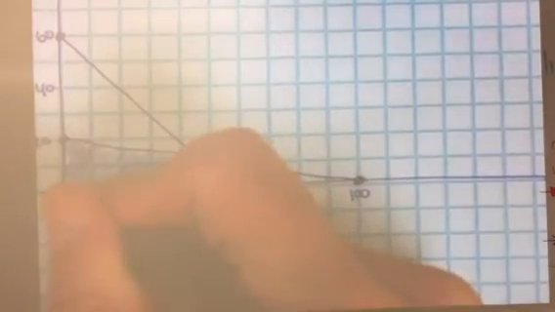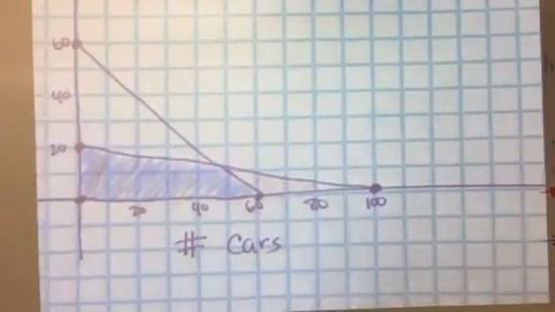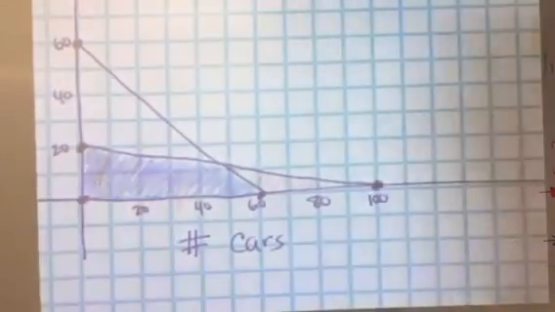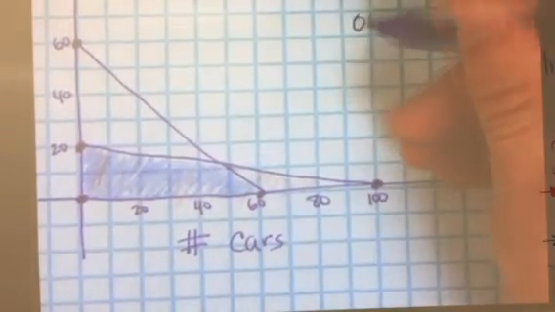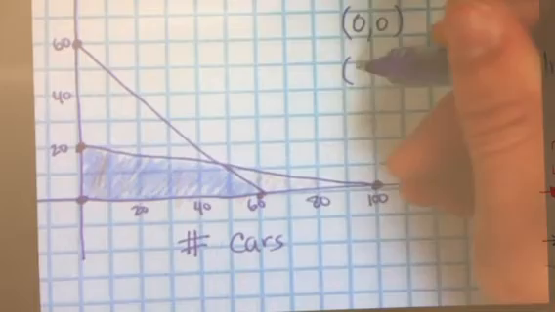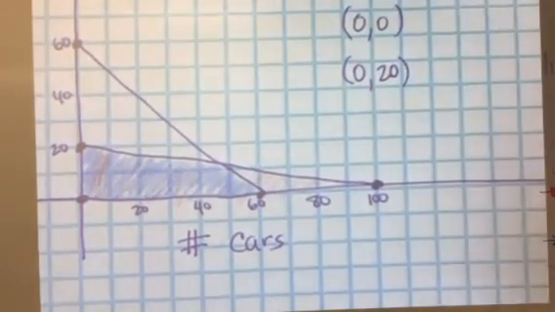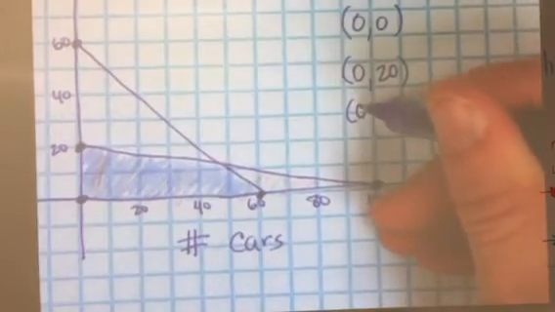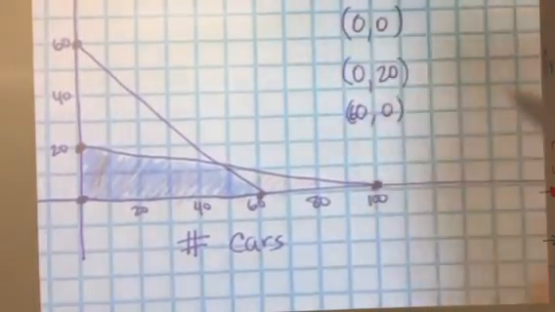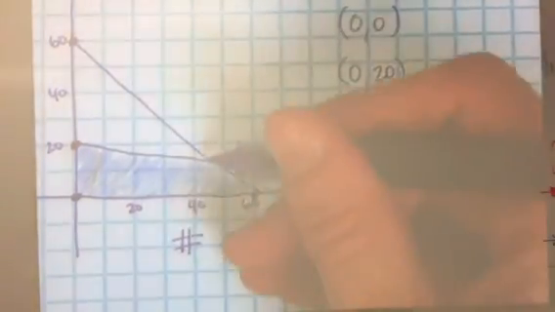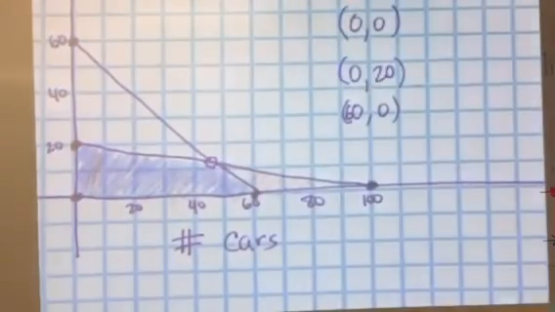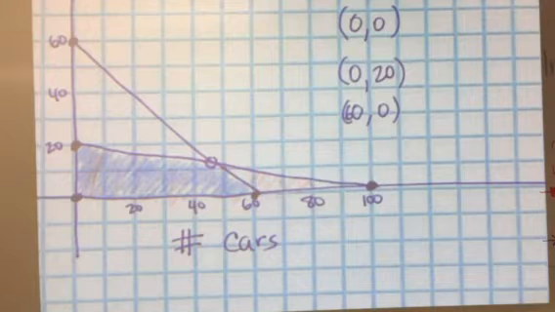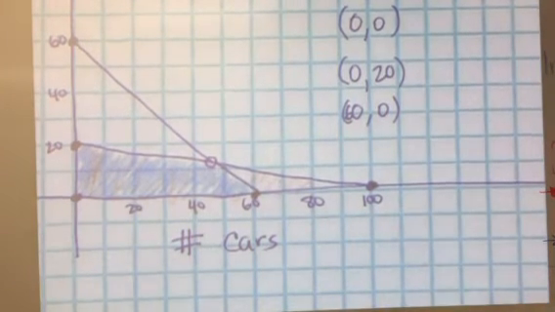So we have 0, 0, we have 0, 20, so I'm going to write these down, 0, 0, 0, 20, we have 60, 0, those were easy to come up with, and then we have this point right here that we really aren't sure what that point is because our scale was too large to really see exactly what that point of intersection is.